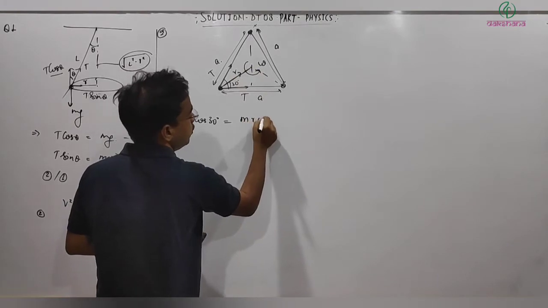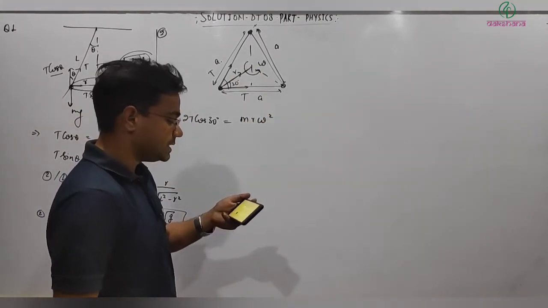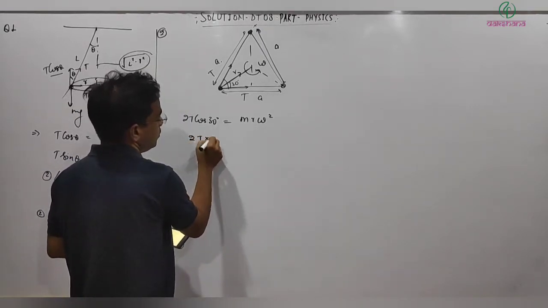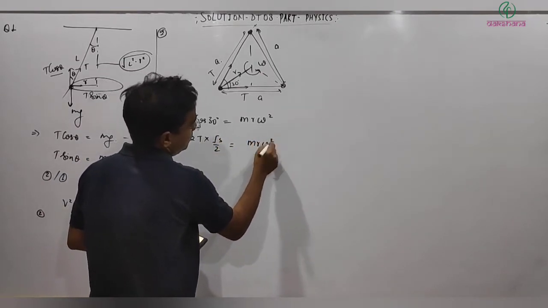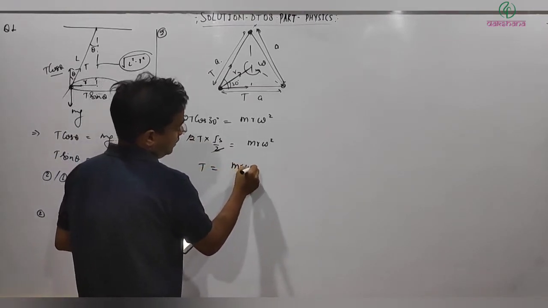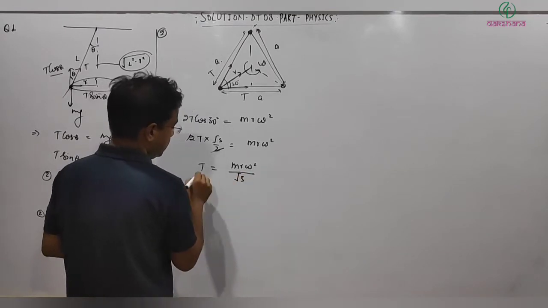Clear? Now it's asking about the tension in each of these strings. So I can write 2T times cos 30, root 3 by 2, equal to m r omega square. This implies T comes out to be m r omega square divided by root 3.